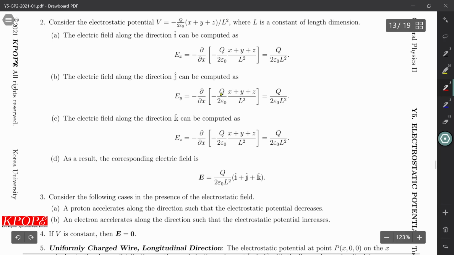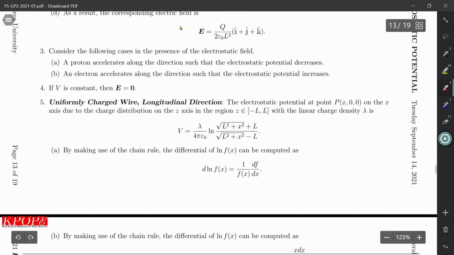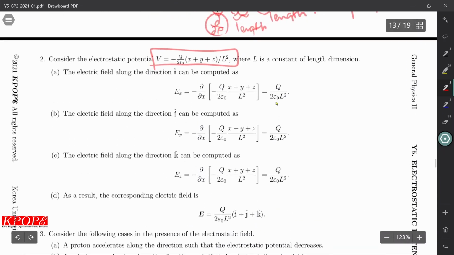These are simple examples. You apply the gradient operator to find the electric field, x, y, z component of the electric field, directly from the electrostatic potential. Uniformly charged wire longitudinal direction. We just have computed the electrostatic potential due to line charge.